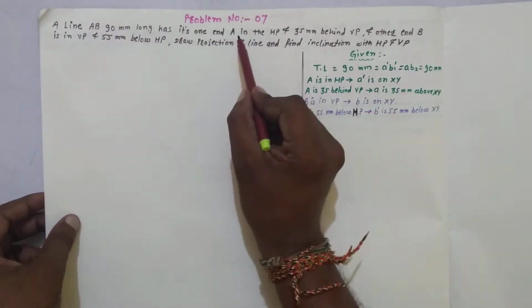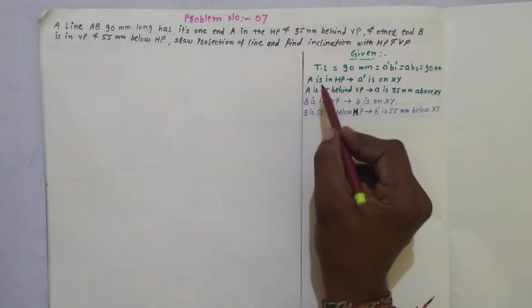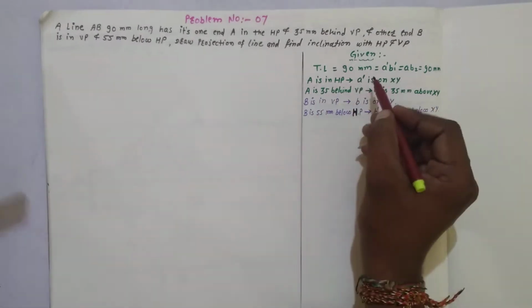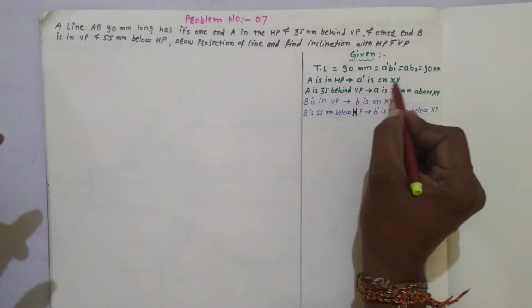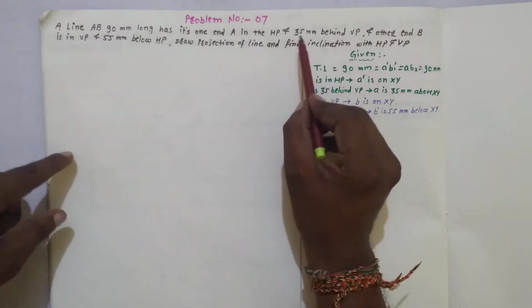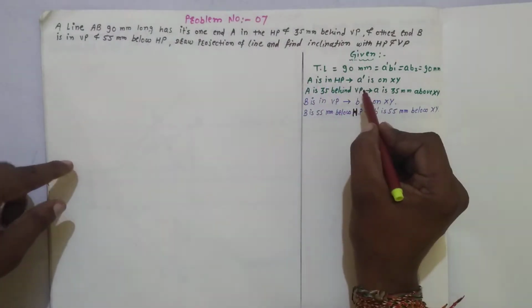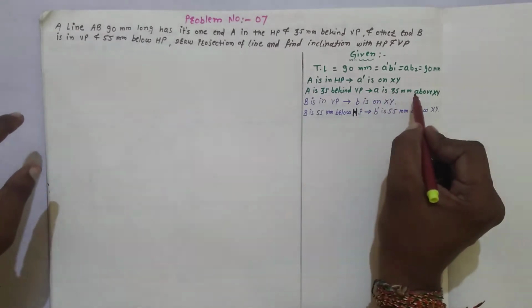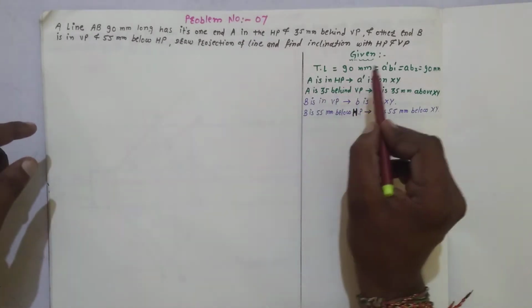Now the second point is the location of the points. A is in the HP, that means the front view of the point A, that is A dash, is on the XY. And it is 35 mm behind the VP, that means we have to reflect in the HP. That's why point A is 35 mm below the XY line. Now the location of point B is also given.